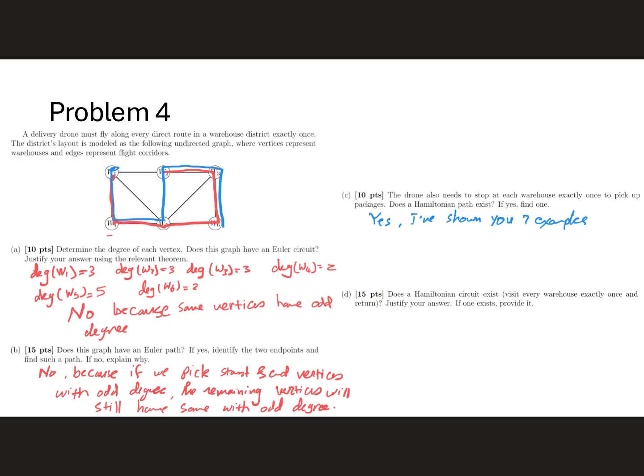Of course, here we have 6, but some of the vertices have a degree of 2, so that theorem is not very useful. Remember, that theorem is not if and only if. It's just an if. So if the theorem is true, then we can find the Hamiltonian circuit. If the theorem is false, we don't know. In this case, the theorem is false, so it doesn't really give us a definitive answer.